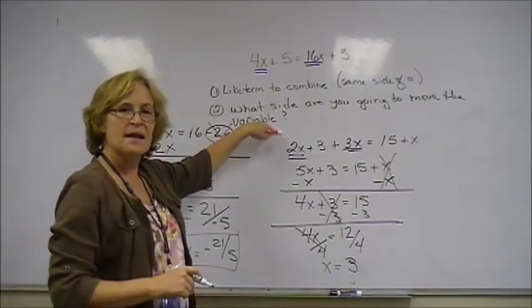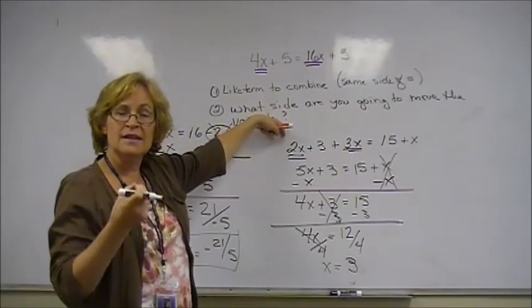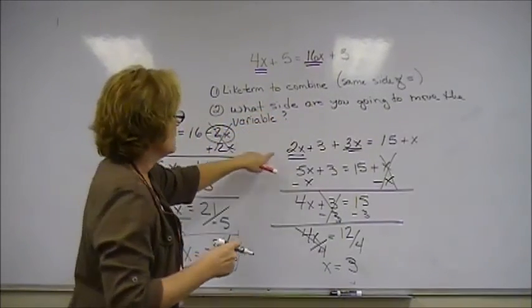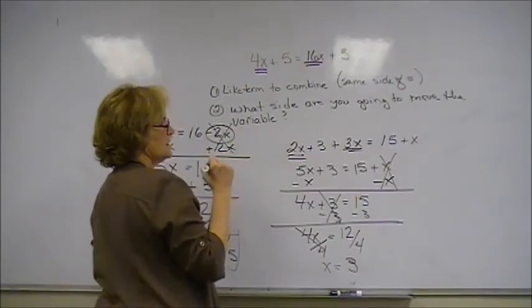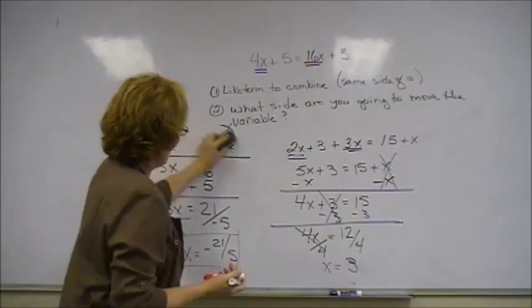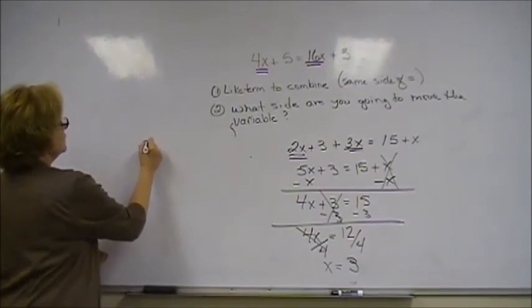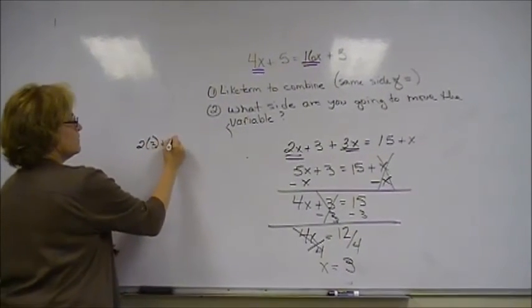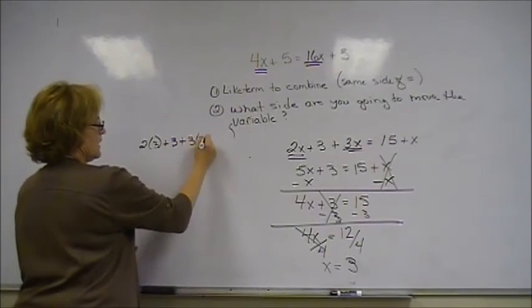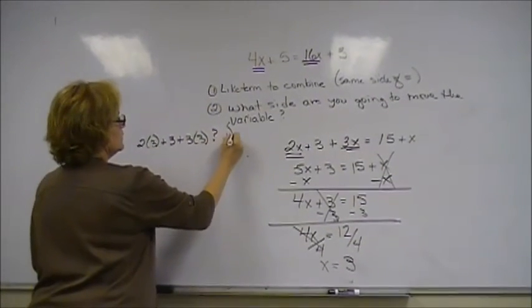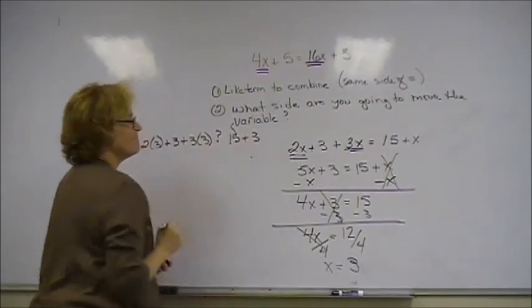Again, plug that back in here, and I always go to the original in case I made an arithmetic error. In this case, I would have 2 times 3 plus 3 plus 3 times 3. Is that equal to 15 plus 3?